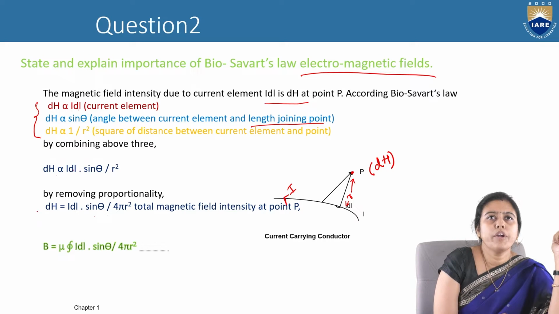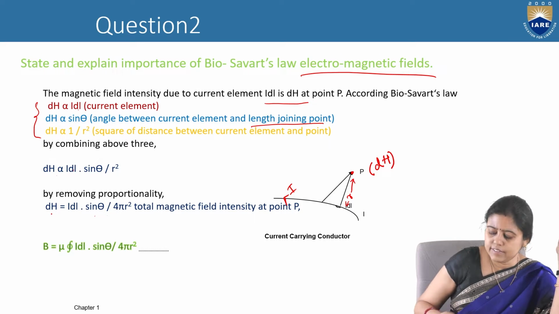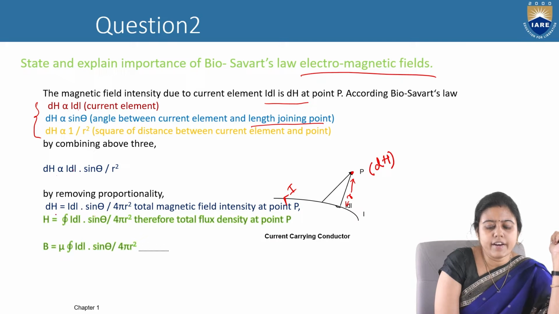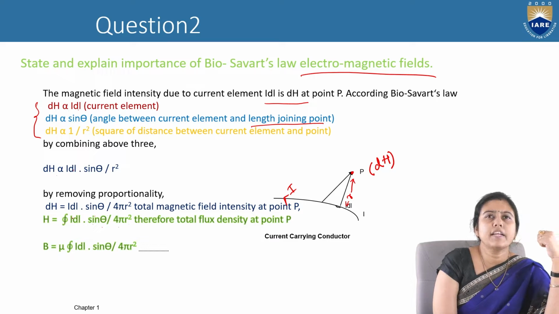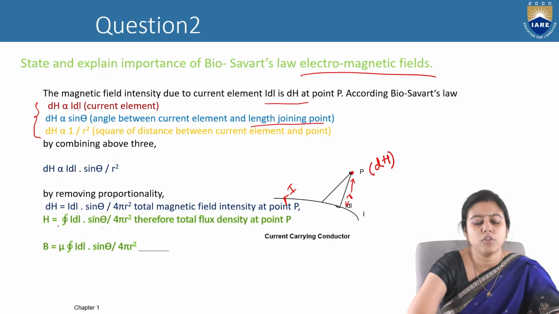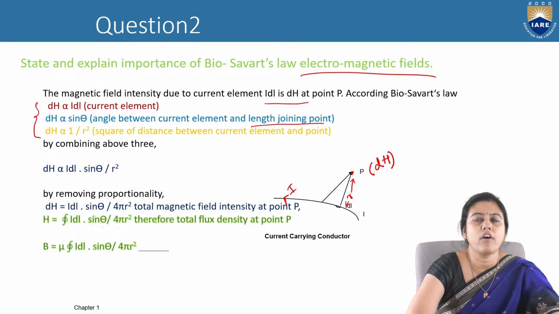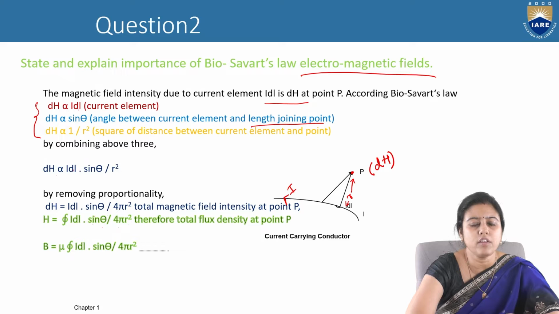Again, we can write H is equal to IDL sin theta by 4 pi R square, but the integration is over a closed path. Why closed path? Because current can only flow in a closed path.